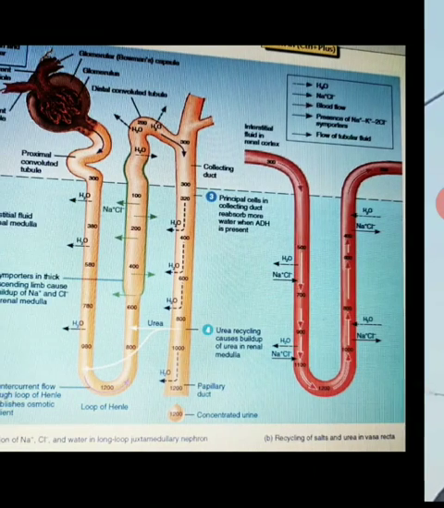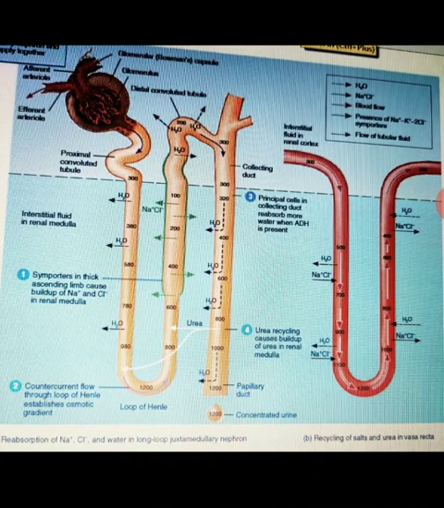Counter current multiplication involves the long loop of Henle of juxtamedullary nephron. In the figure you can see that the descending limb of the loop of Henle carries tubular fluid from the renal cortex deep into the medulla, and the ascending limb carries it in the opposite direction.